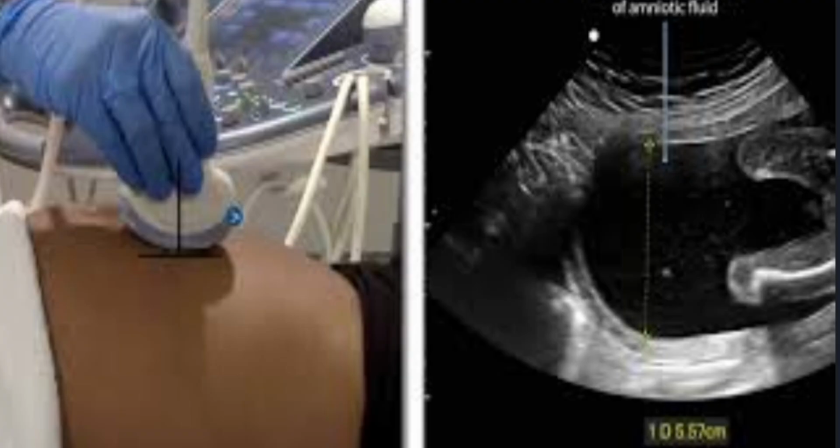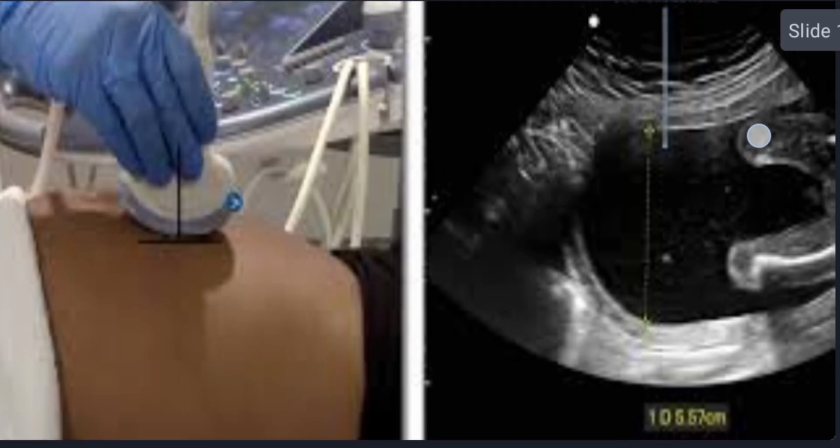And on the right, we can see a sonogram demonstrating how the single deepest pocket was measured vertically with no fetal parts within the area of measurement and no cord. In this case, the measurement is about 10 cm. It's a little bit above normal.